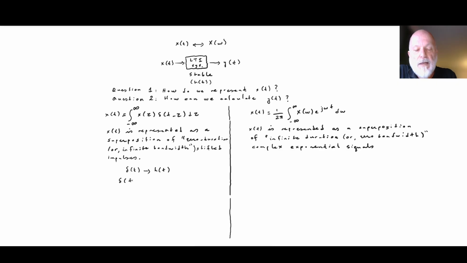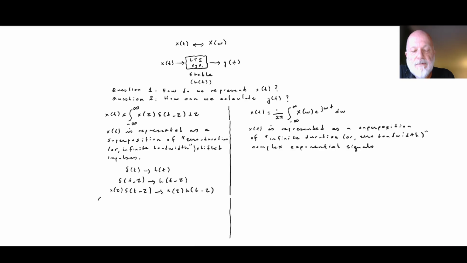Delta of t minus tau gives us h of t minus tau at the output because of time invariance, and x of tau, delta of t minus tau gives us x of tau, h of t minus tau by linearity.